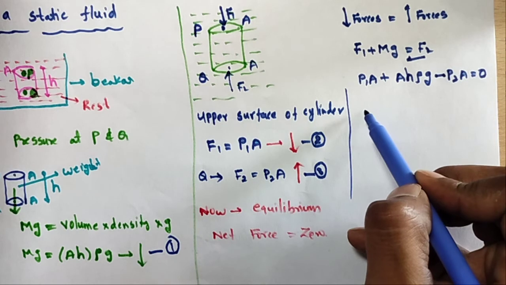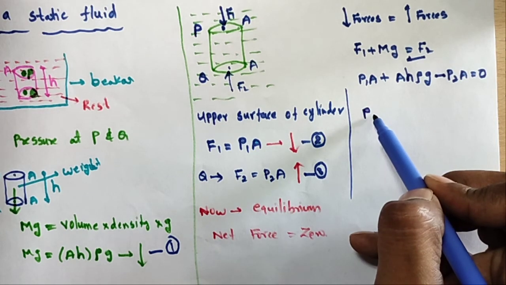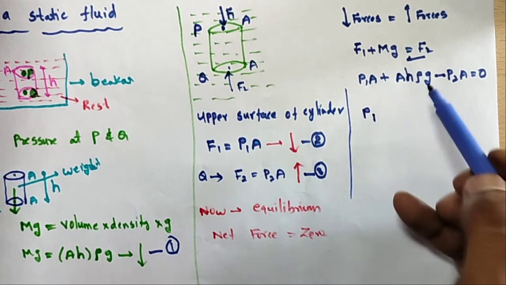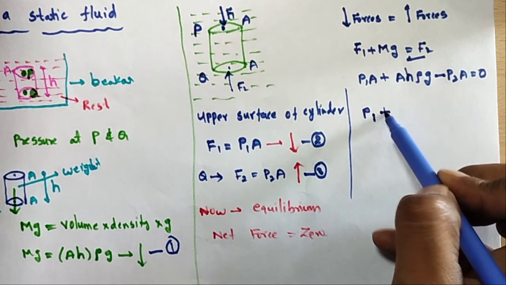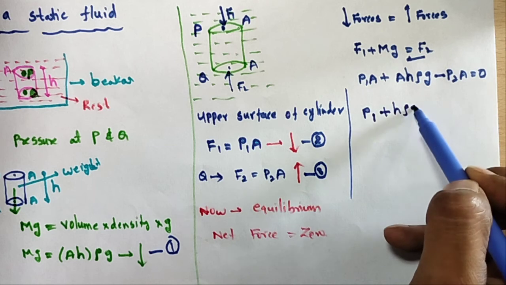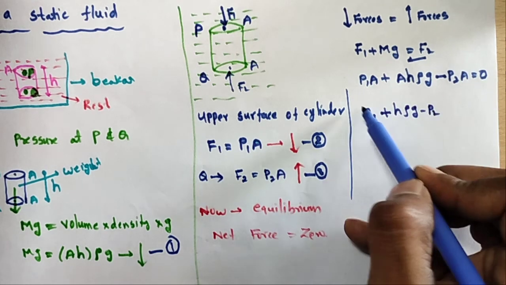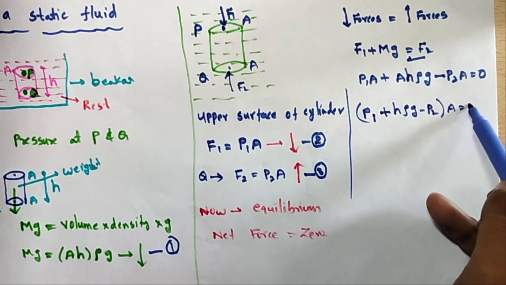Here A is common, so P1 plus h rho g minus P2, with A common, is equal to 0.